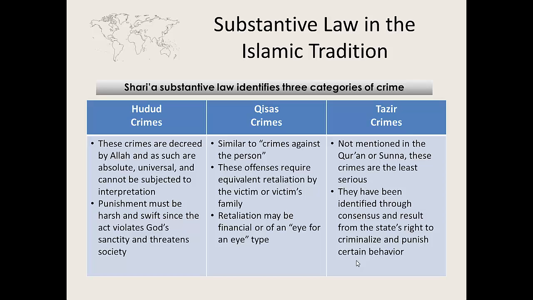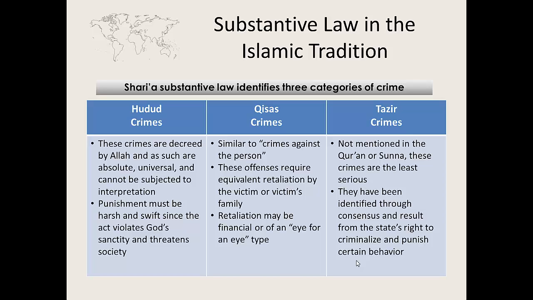But here the crimes are defined a little bit differently than what at least a Western mind is used to seeing them. Islamic law identifies crimes that are hudud or had crimes, using the plural, qisas crimes, and tazir crimes.